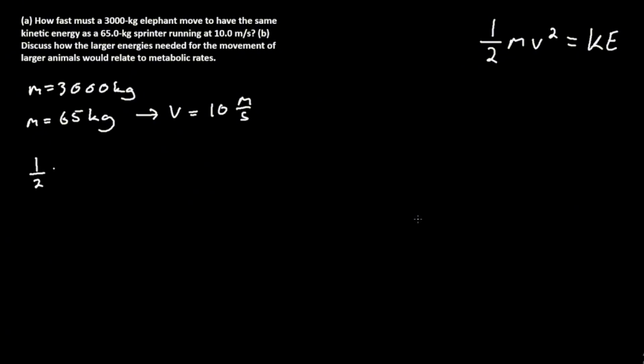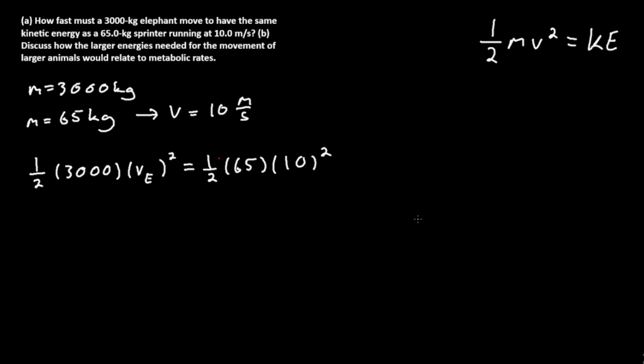So you have 1/2 of 3,000, this is the elephant side, times some unknown velocity. So the velocity of the elephant, V_E, squared, is equal to 1/2 of the kinetic energy, this is the kinetic energy formula for the person, times 10 squared.